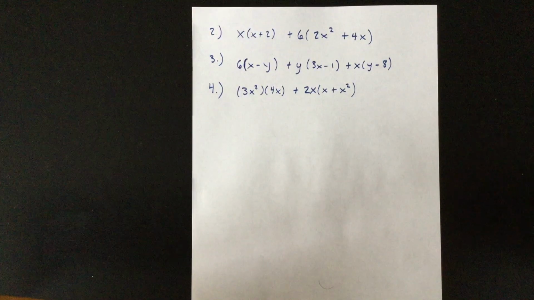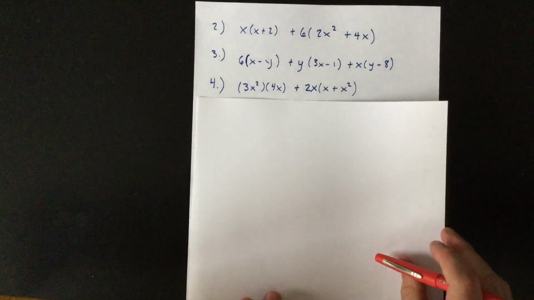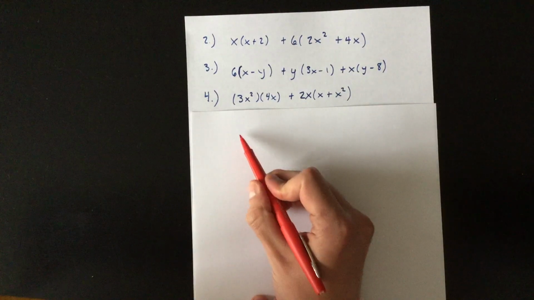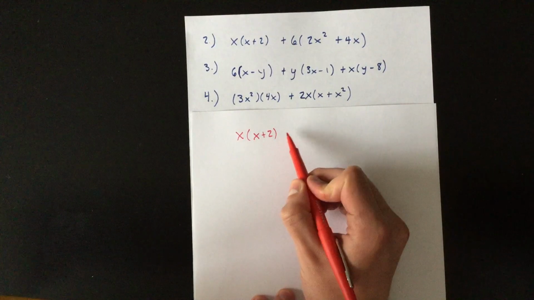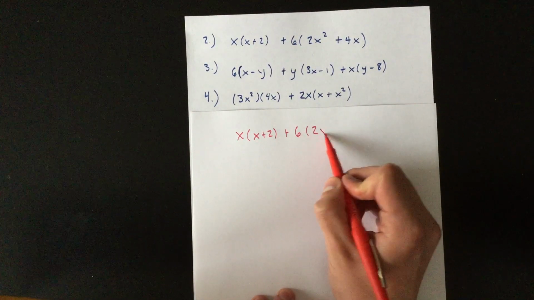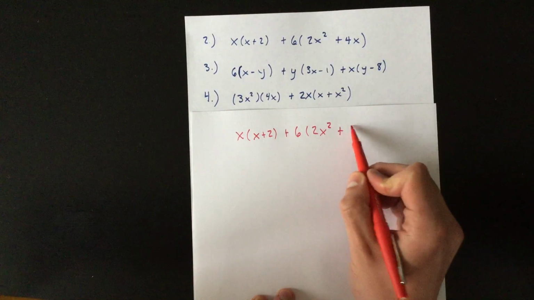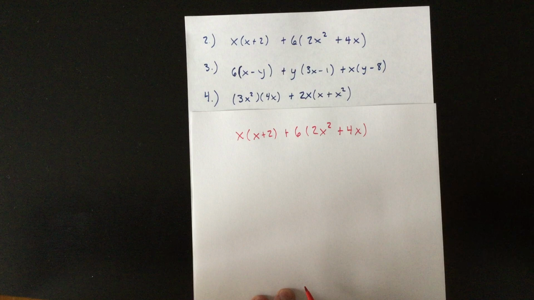Alrighty. Next one we're going to do is number 2 here, which is x times x plus 2 plus 6 times 2x squared plus 4x. Again, I'm going to start off by multiplying.